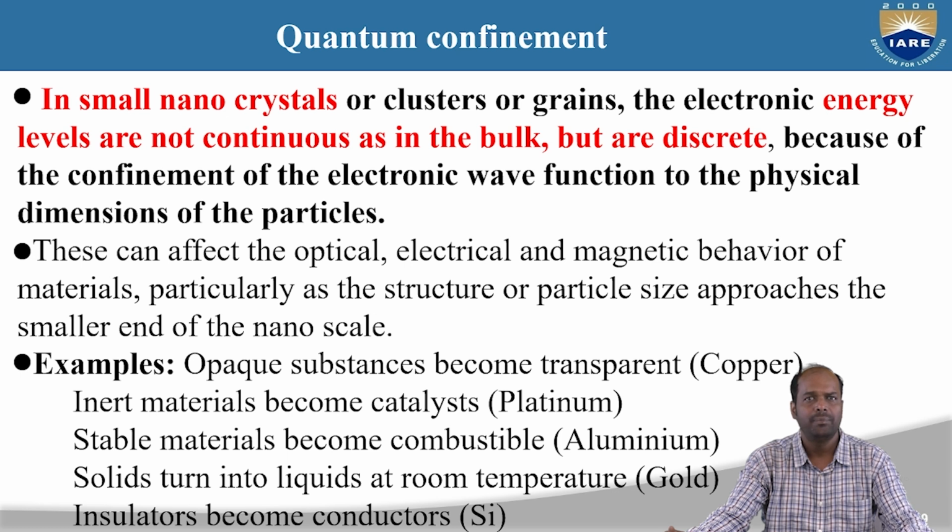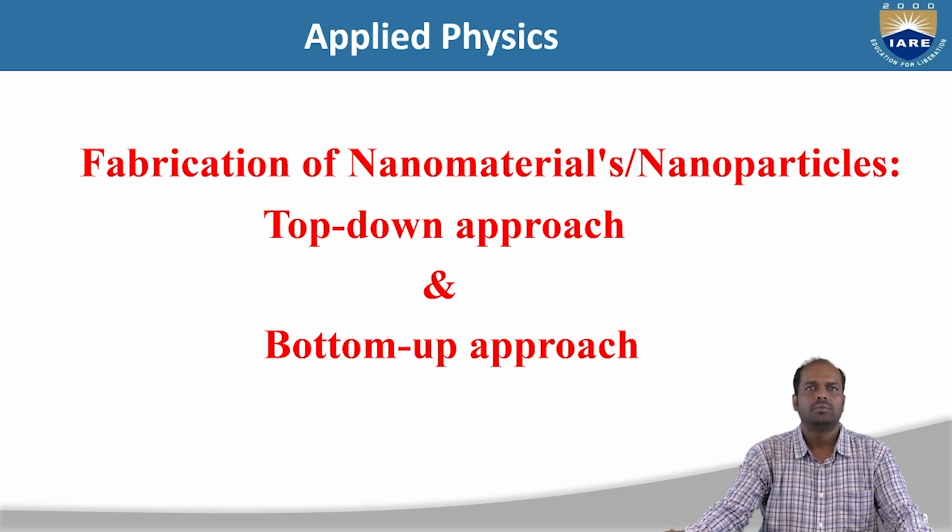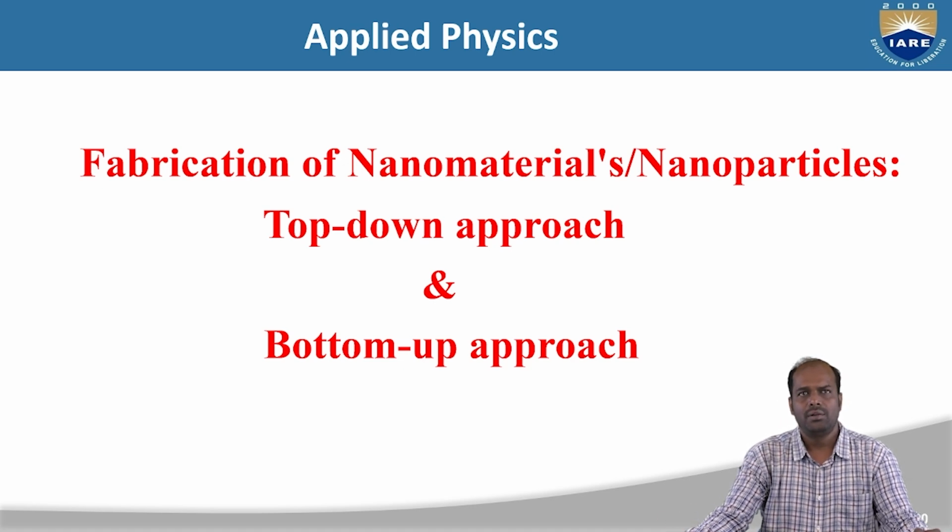That is platinum. A stable material becoming combustible, which is aluminum. A solid turning into a liquid at room temperature, that is gold. And insulators becoming conductors, that is silicon. All due to this quantum confinement.